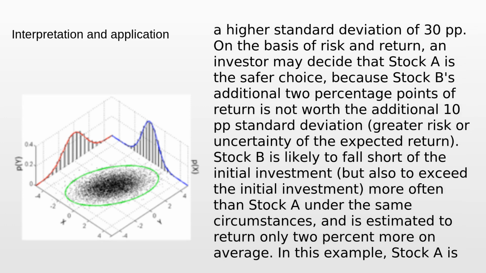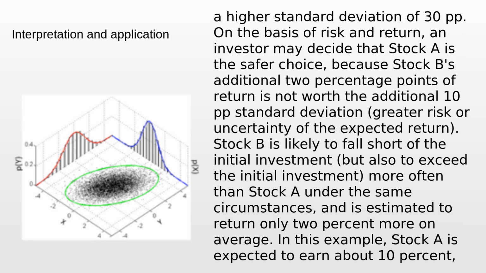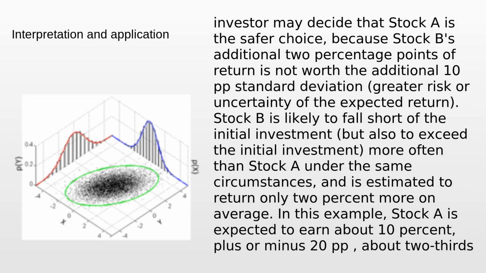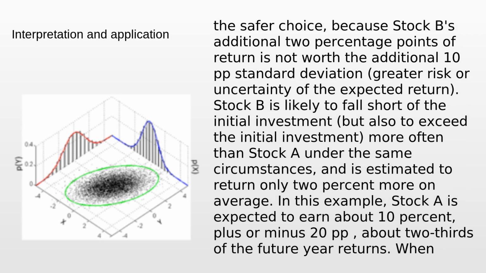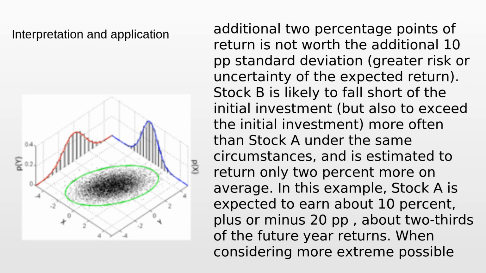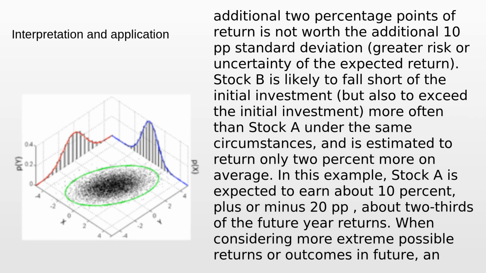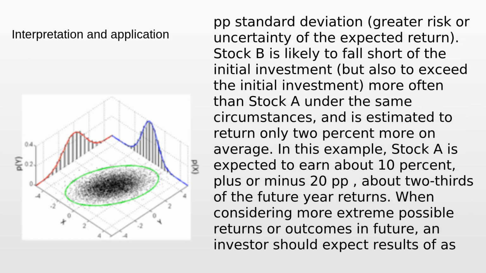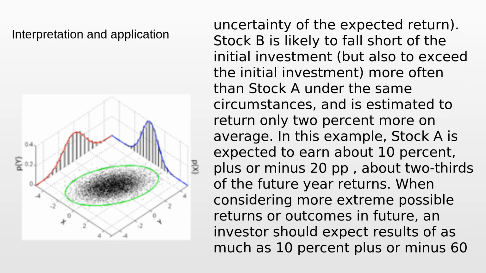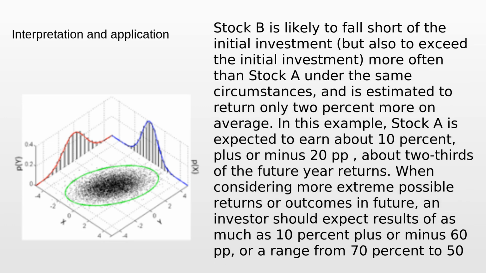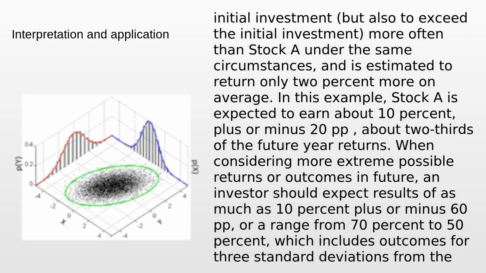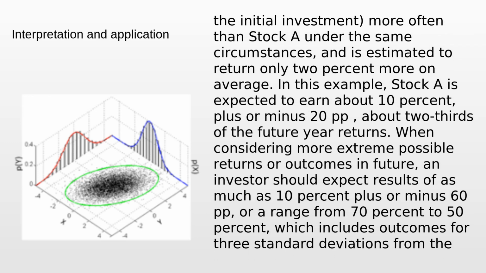Standard deviation: greater risk or uncertainty of the expected return. Stock B is likely to fall short of the initial investment, but also to exceed the initial investment, more often than stock A under the same circumstances, and is estimated to return only 2% more on average. In this example, stock A is expected to earn about 10%, plus or minus 20 pp, about 2/3 of the future year returns.